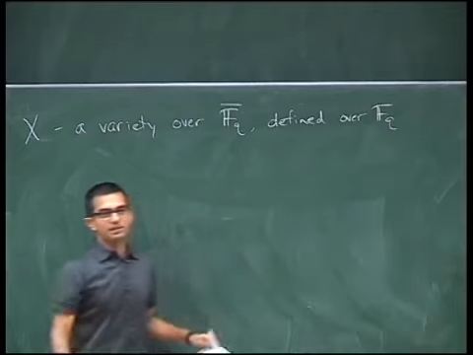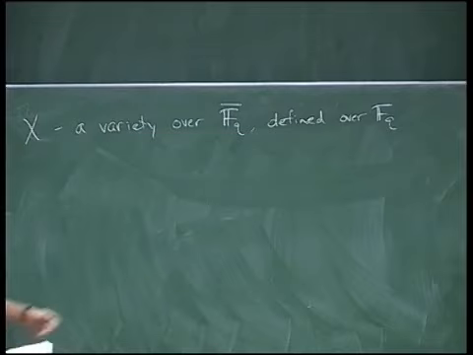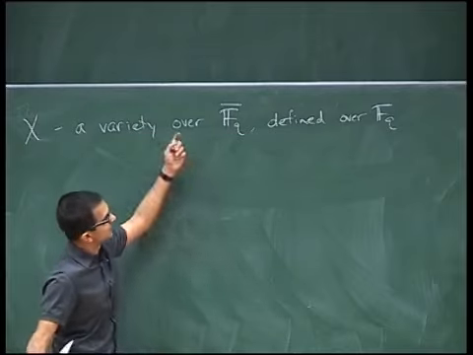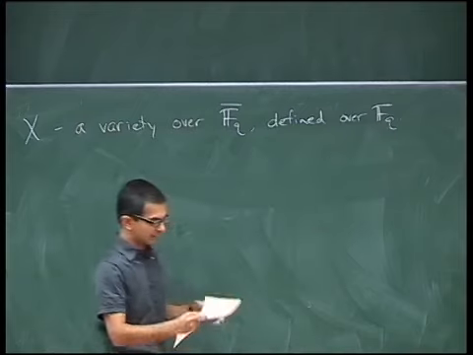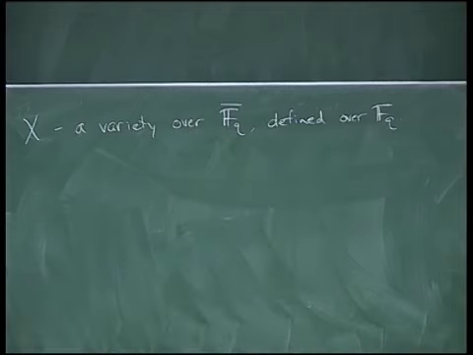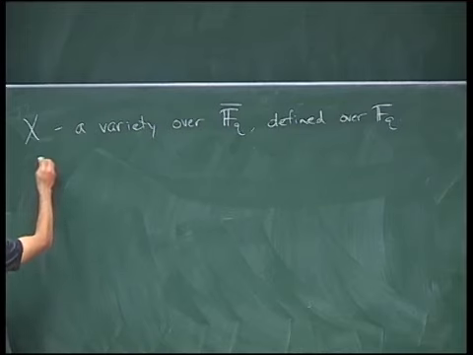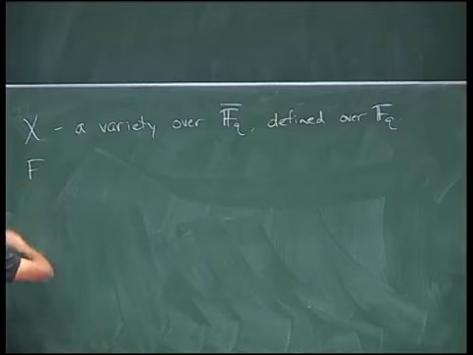So all I mean is that we think of it as a variety over this field, but the defining equations have coefficients in this field. And so in particular, that means that you could think of the F_q points of this variety.